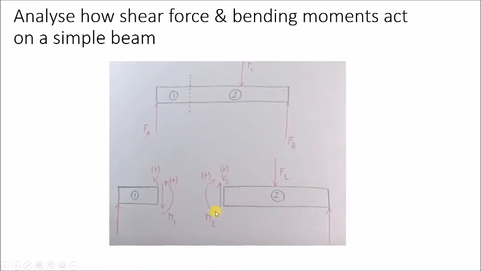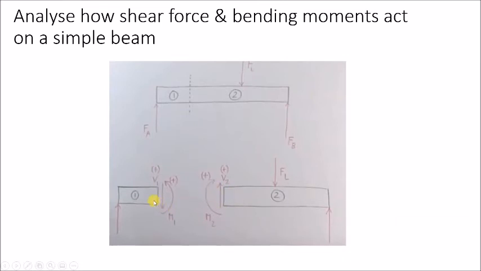So the internal bending moment is represented as M2 here, in a clockwise direction. It's opposed to the bending moment of the external forces, trying to push it round in that anti-clockwise direction. This is the internal bending moment at this point, shown in a clockwise direction.